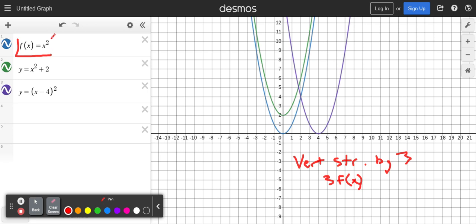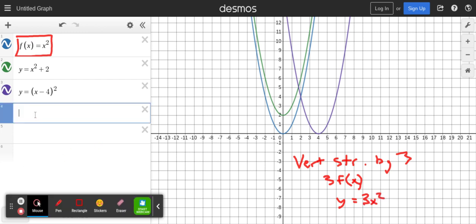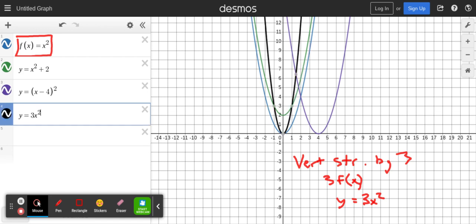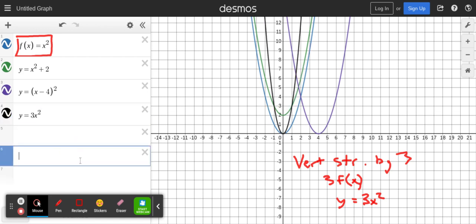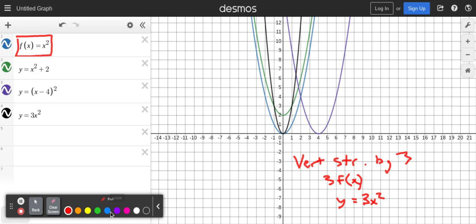And remember, f of x is equal to x squared. So now we're going to go y equals 3x squared. And there we get that black line where it stretches by a factor of 3.